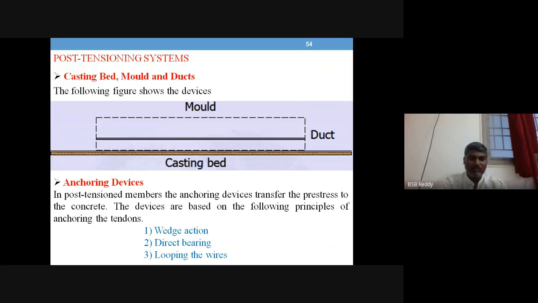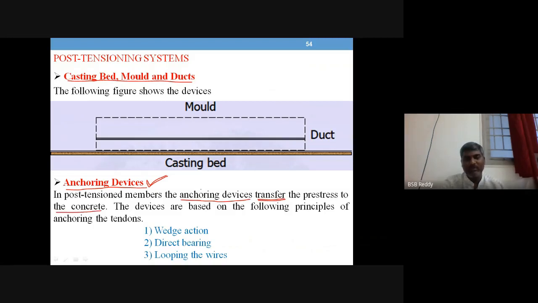Okay, so just going through each item like casting bed, mold and ducts, this is the sketch showing that. And coming to anchoring devices, which I was talking about in the earlier sessions also, which are very crucial because they have to stay back along with the member for the life period of the member. They are very essential and crucial in transferring the pre-stress to the concrete.